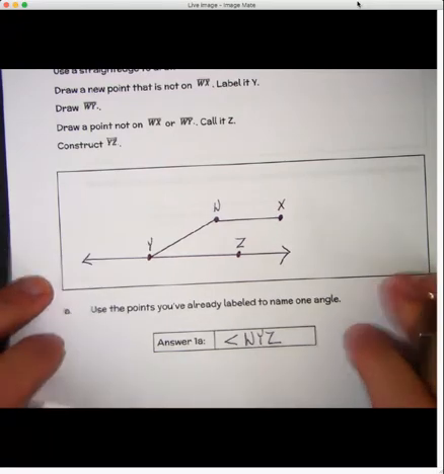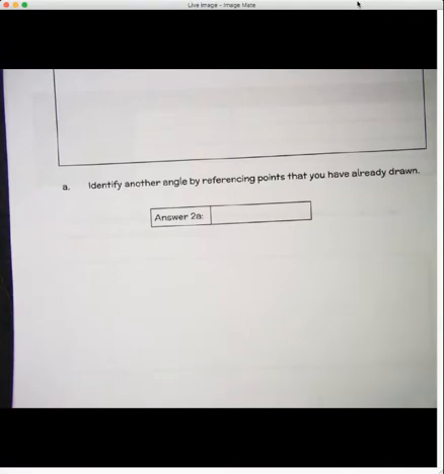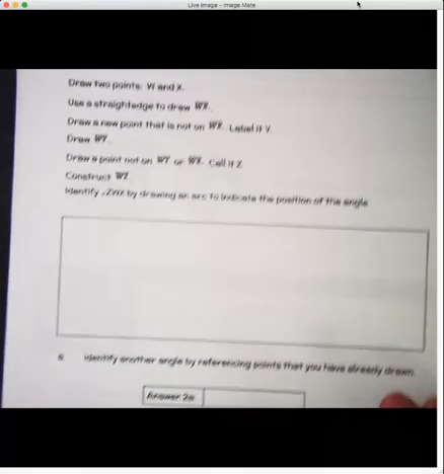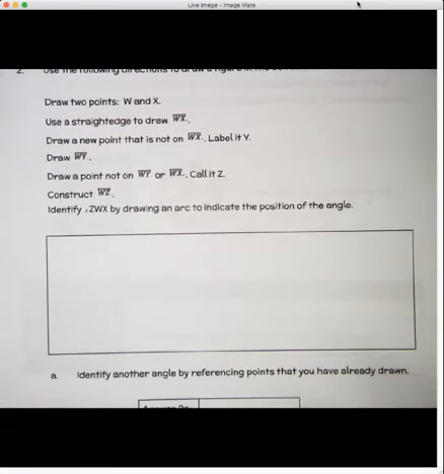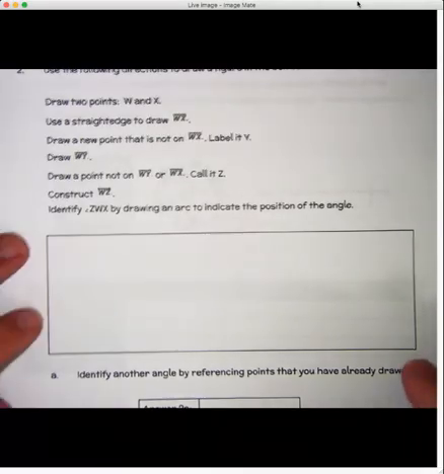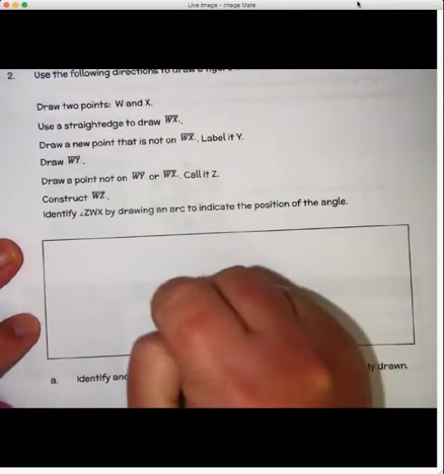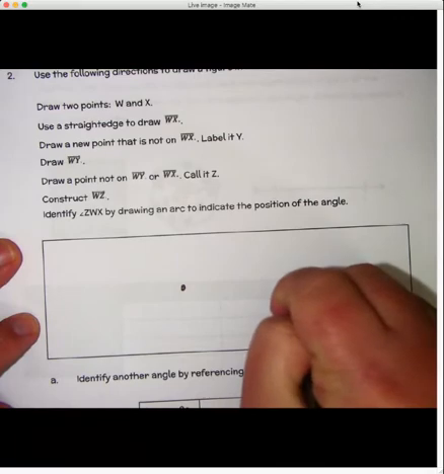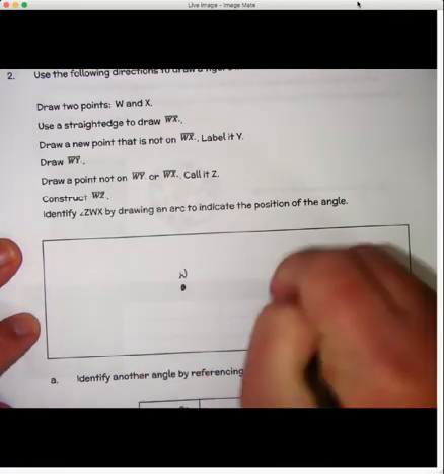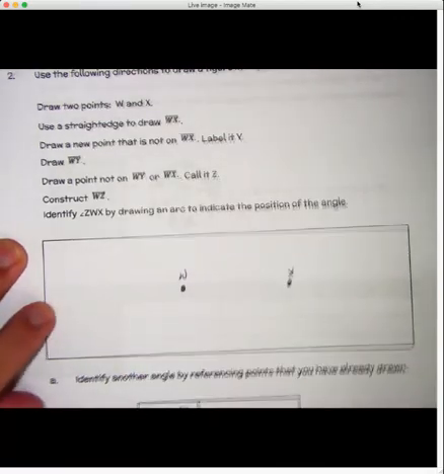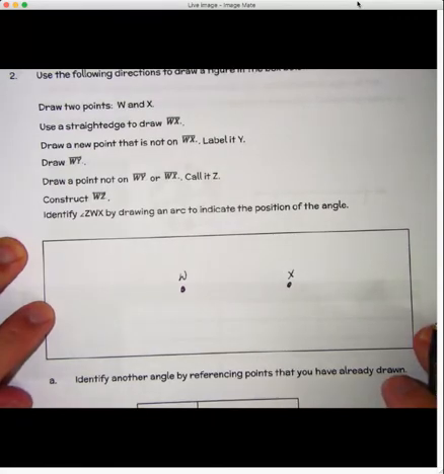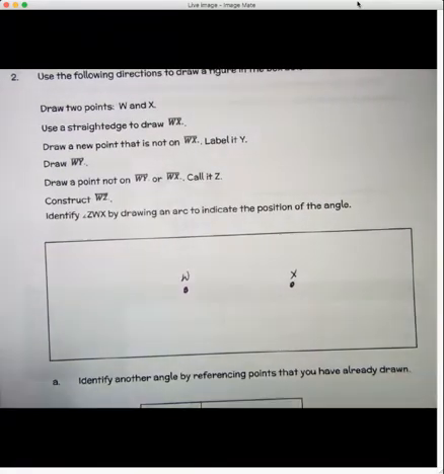All right, part B, no, we're on number 2, so we can put this away. We've got some more art to do on number 2. More drawing to do. Draw 2 points, starting off the same way, isn't it? W and X. Pretty simple. Make 2 points. This guy's W, this guy's X. Okay. Use a straight edge to draw a line segment, WX.